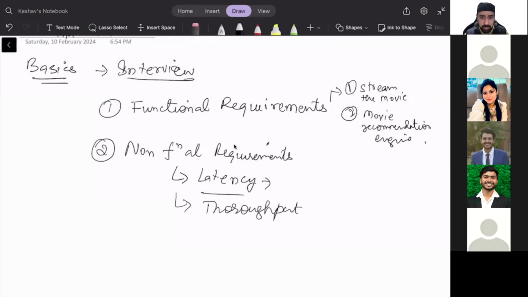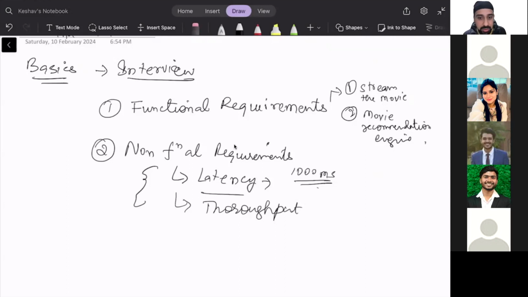You have to come up with these numbers, expected numbers. Let's say the latency for a Netflix movie recommendation could be around 1000 milliseconds.